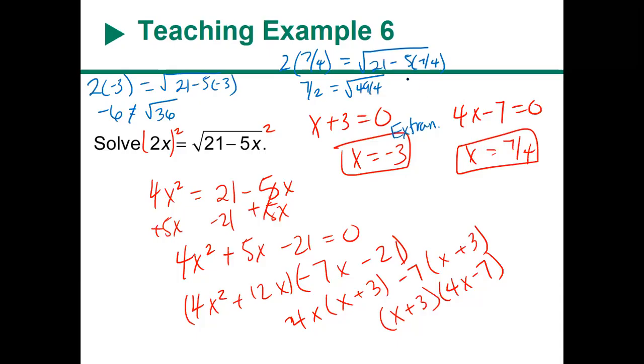Yeah? I believe it is too, but y'all know me. I think I may have done good here. And so the real answer is 7/4. So the negative 3 is my extraneous and the 7/4 is my real. That is why you have to check.